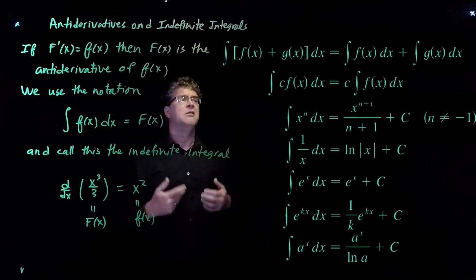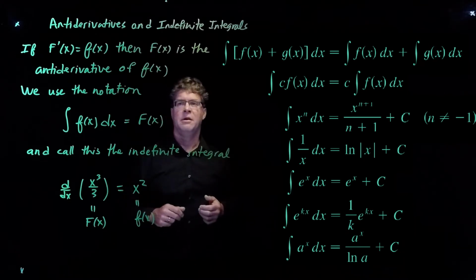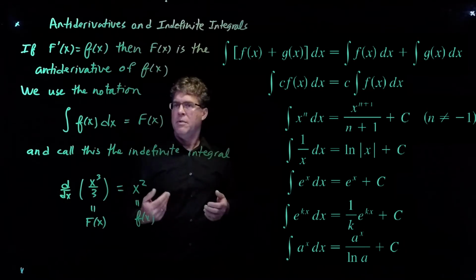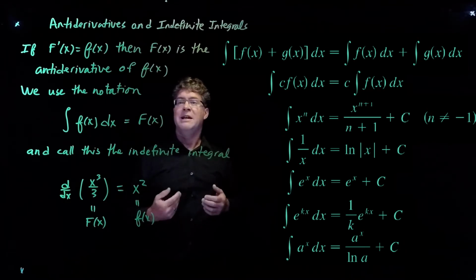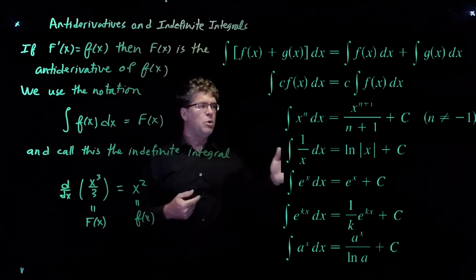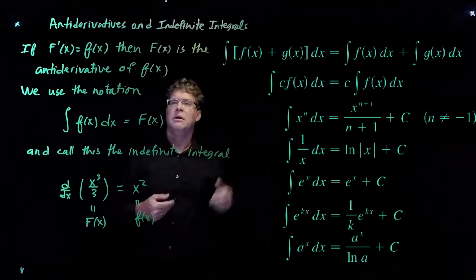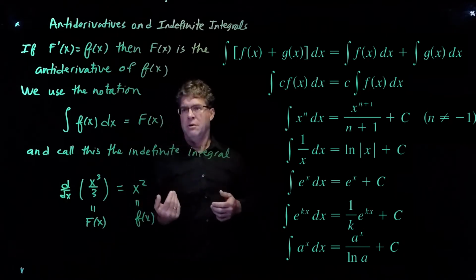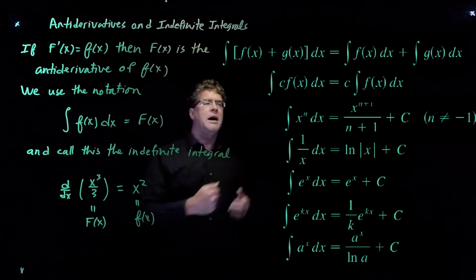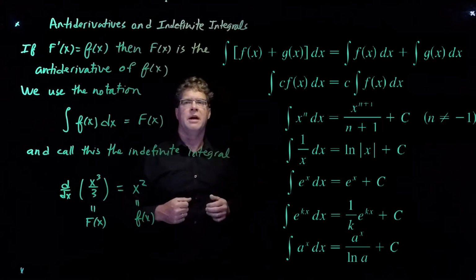So the constant is an arbitrary constant. The last two formulas are for integration of e to the kx, where k is a constant, and there we pull out the 1 over k power, and the integral of a to the x, where we get a to the x back, but we divide through by the log of a.